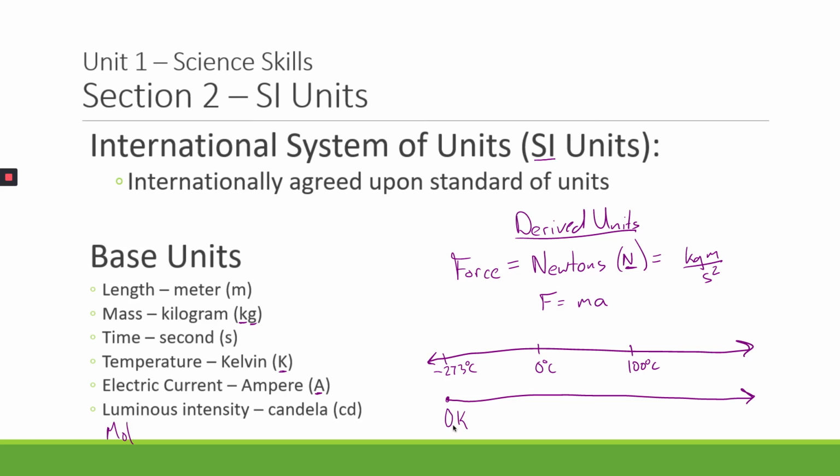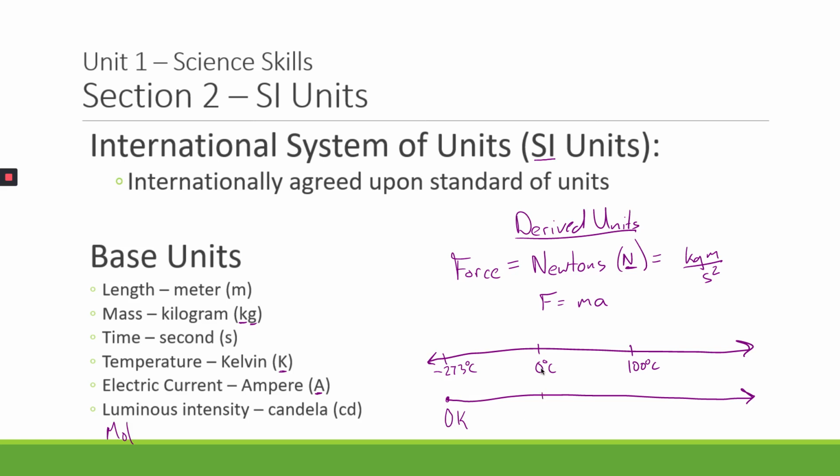So then they just followed this, which is what makes things easy to convert between degrees Celsius and Kelvin. They follow the same scales. So if you get 1 degree warmer in degrees Celsius, you also get 1 Kelvin warmer. So minus 273 degrees Celsius is the same as 0 Kelvin.